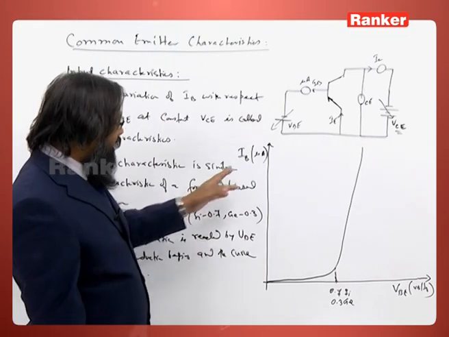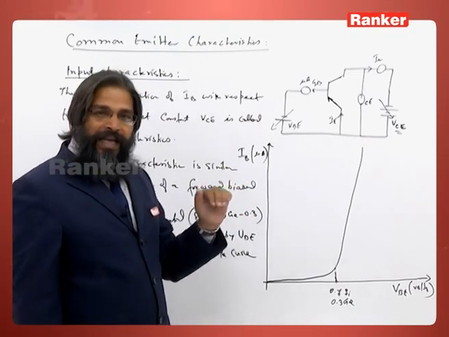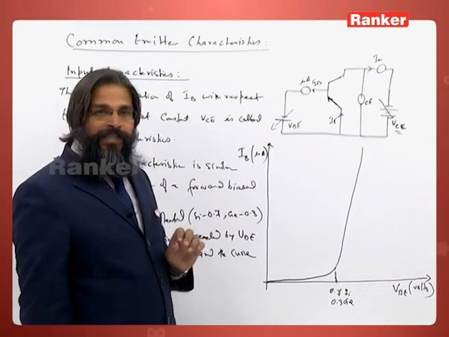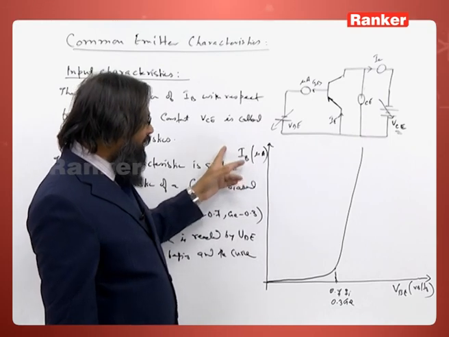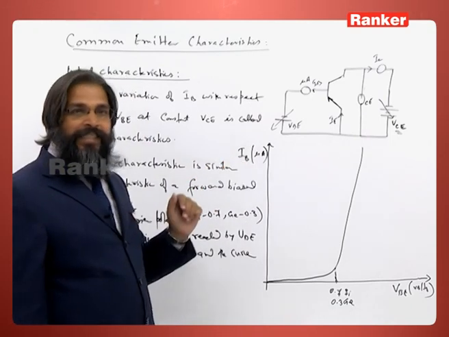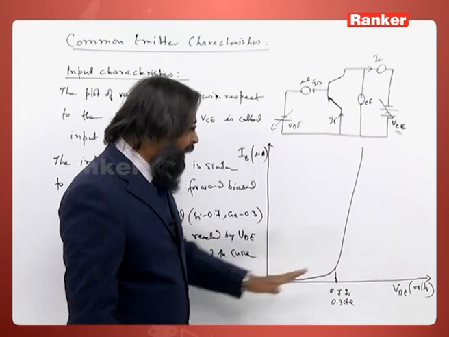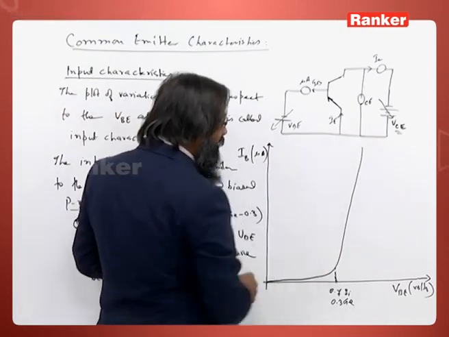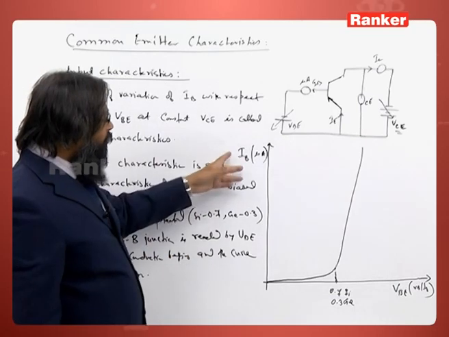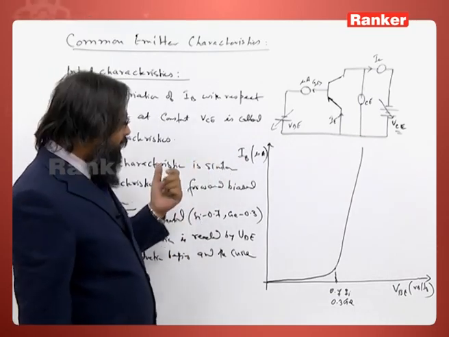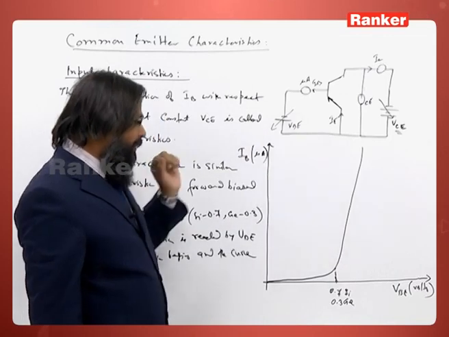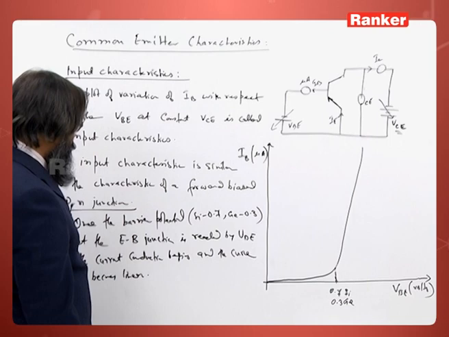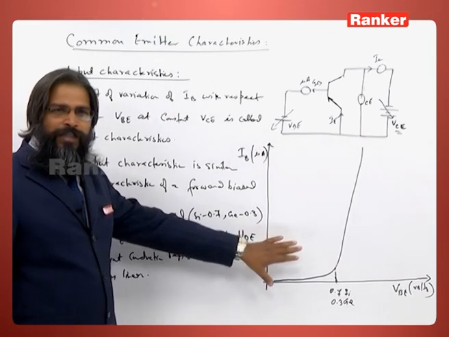But if IE changes, IB will change accordingly, so the change of IE is reflected in the change of IB. That is why we expect IB to vary the same way the PN junction current varies, and such a graph. Next point important is, first please take down all these points.